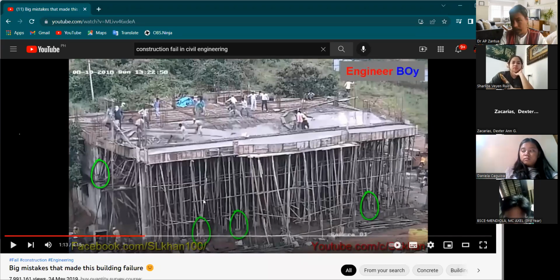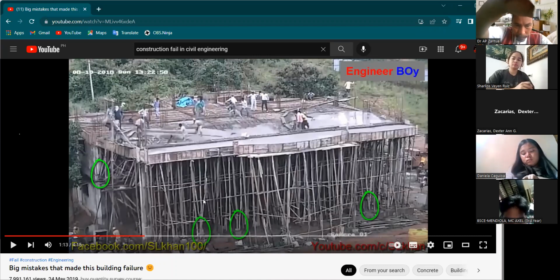So we can actually more or less estimate this properly. Let us estimate this properly because we can actually do it properly. I will use my measuring scale.